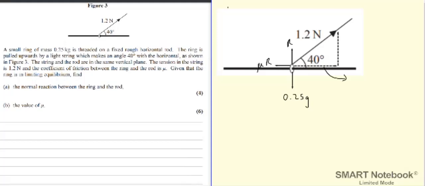So this force here is going to be 1.2 cos 40, and this is going to be 1.2 sine 40. I've got all my forces on here. Now I need to find the normal reaction. So if I call this part A, my question mark is here.